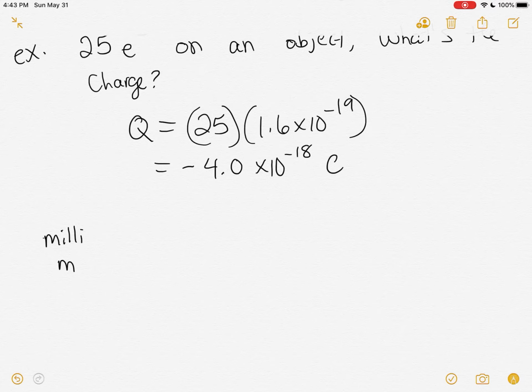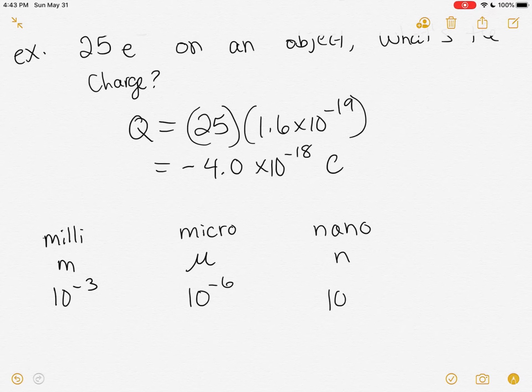So I want to remind you that the milli, which we use a little m for, is 10 to the negative 3. That the micro, which we use the Greek letter mu for, is 10 to the negative 6.